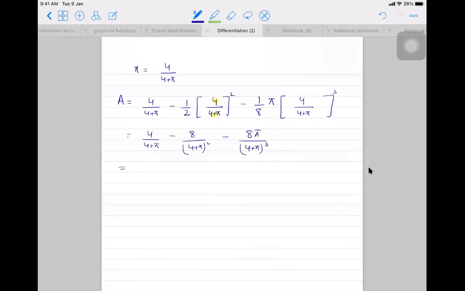If I make the denominators common, I'll have to multiply this with 4 plus pi square. This is going to be multiplied with 4 plus pi and this is going to be multiplied by 1. So 4 times 4 plus pi square minus 8 times 4 plus pi minus 8 pi.